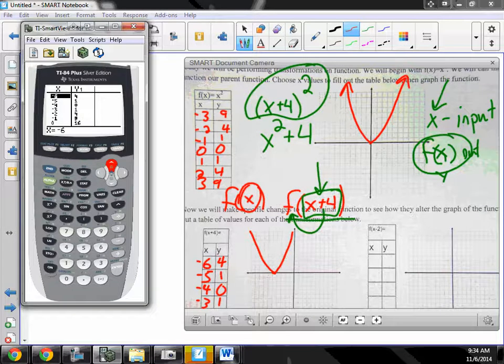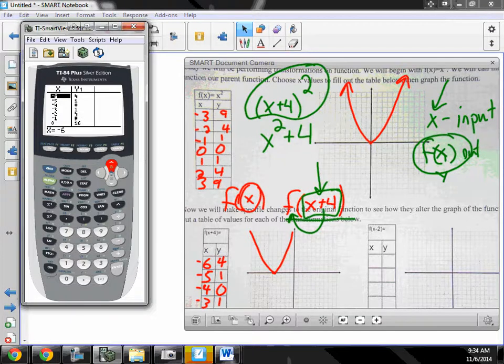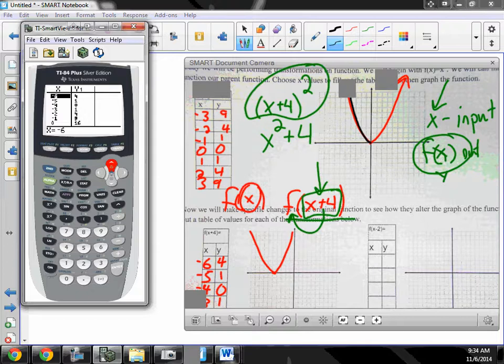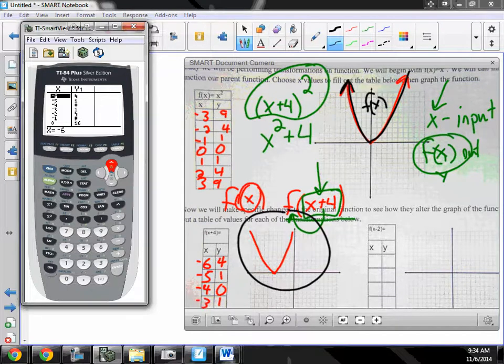How did the graph change? What is the difference between this graph, which is f of x, and this graph here? It moved to the left 4 units. Everybody see that? By adding 4 on the inside, I moved the graph to the left 4 spaces.